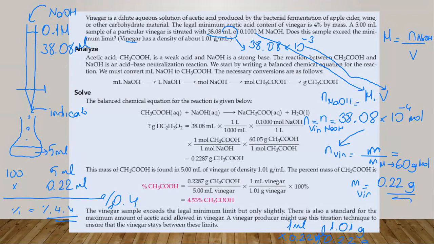Is that clear? I think it's clear. Only you will do this: the sodium hydroxide mole and the vinegar mole equal each other.